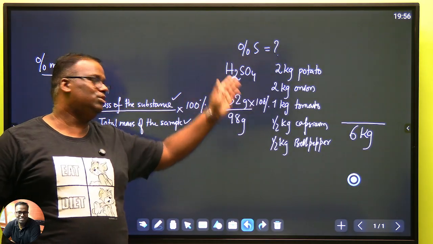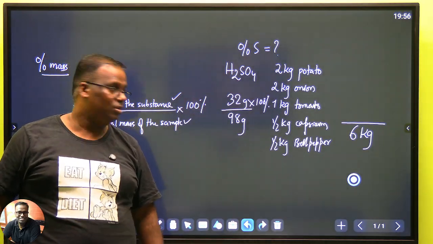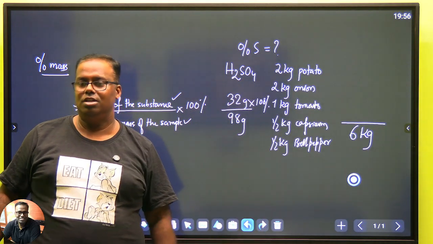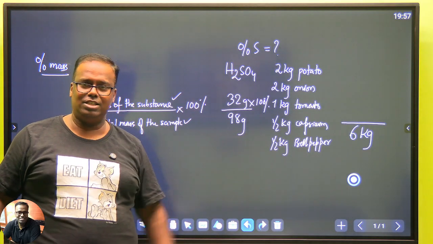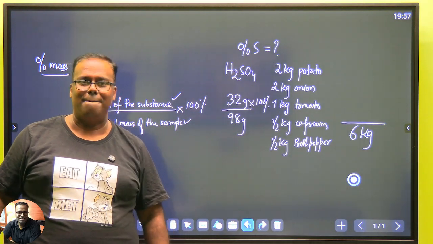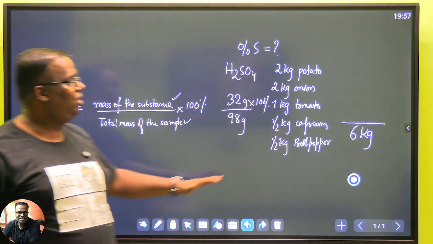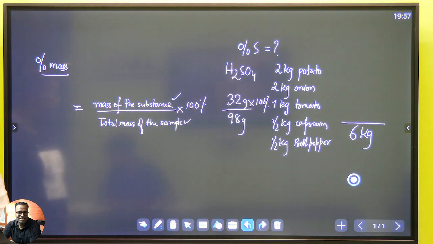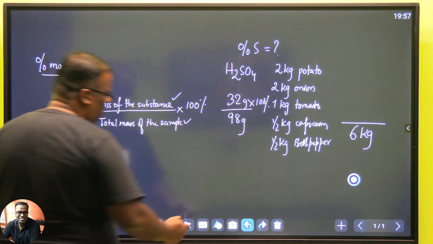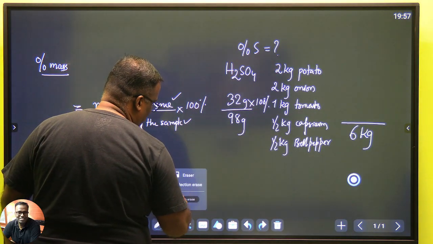How much is hydrogen contributing? 2. How much is oxygen contributing? 64. Are we fine? अगर अंडरस्टैंडिंग सही है तो प्रॉब्लम उठाएं एक. अश्मिता क्लियर हुआ ये पोटैटो अनियन वाला? चलो एक प्रॉब्लम उठाएं इसके ऊपर. इजी है. You should not think that these are some hard topics.